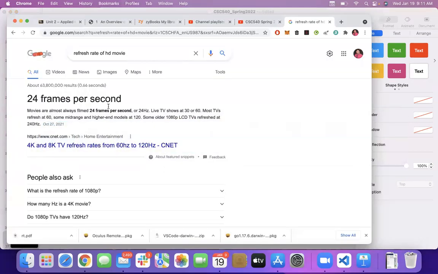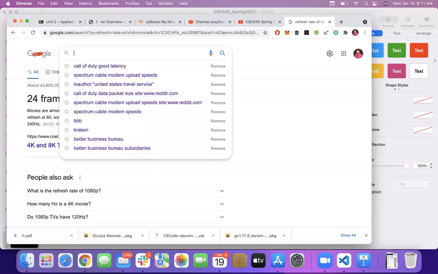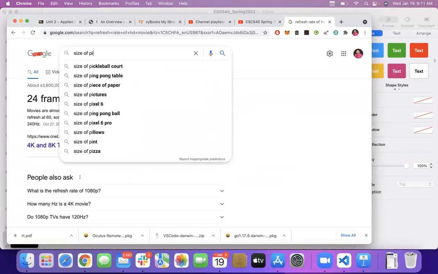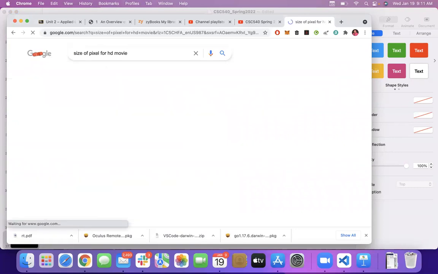Now we're going to say the size of a pixel for an HD movie. This comes down to how many bits a pixel needs for the amount of colors it needs to be able to show.